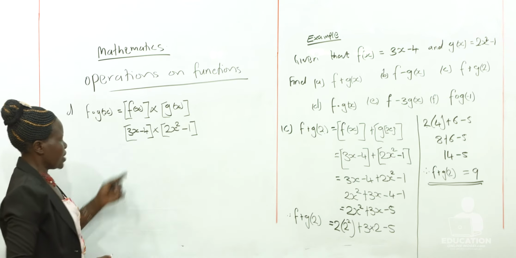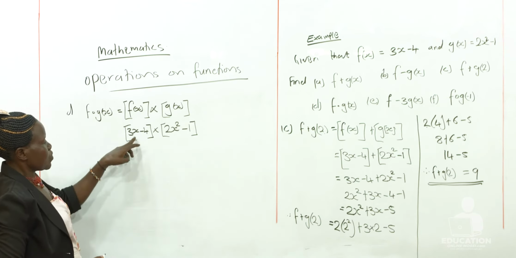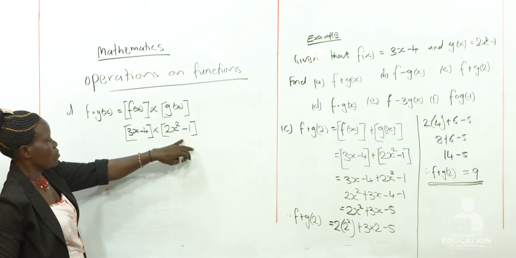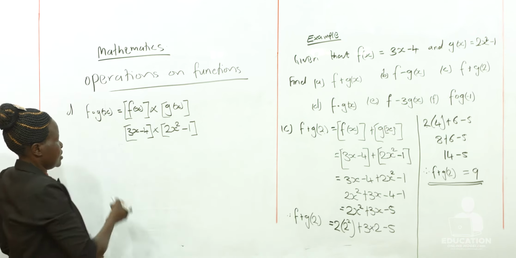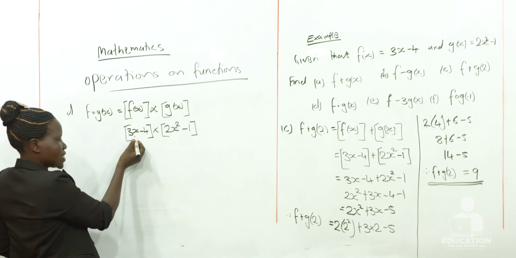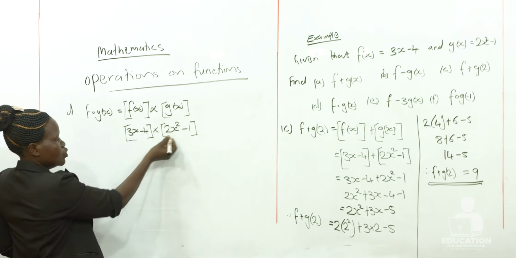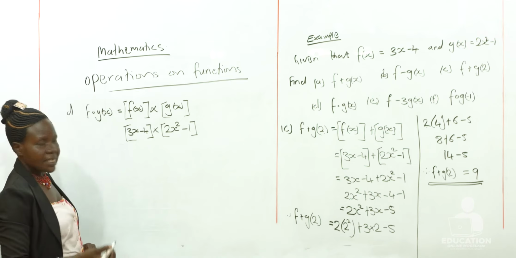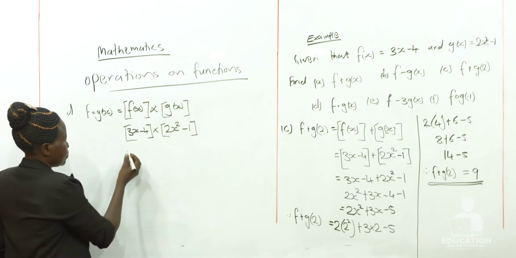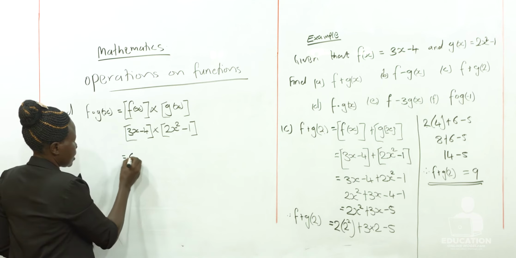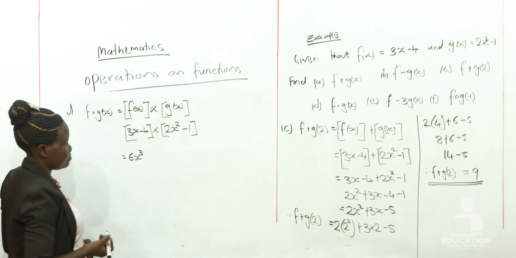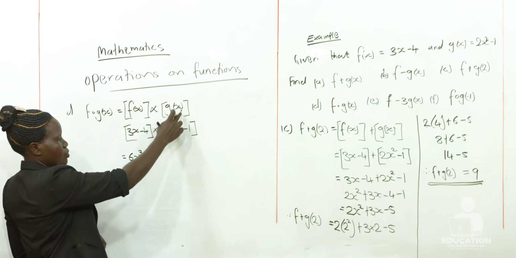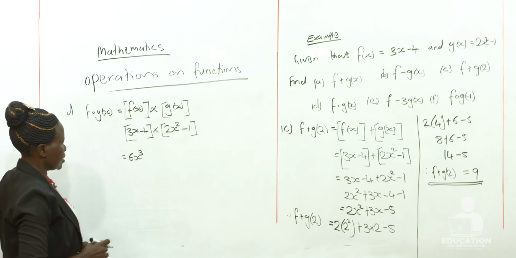So when we are multiplying, it means that we can decide to take one of the factors here to be a common factor. But if that one is confusing you, we can simply say 3x times 2x square will give us 6x cube. Why cube? Because x times x square automatically gives us x cube.